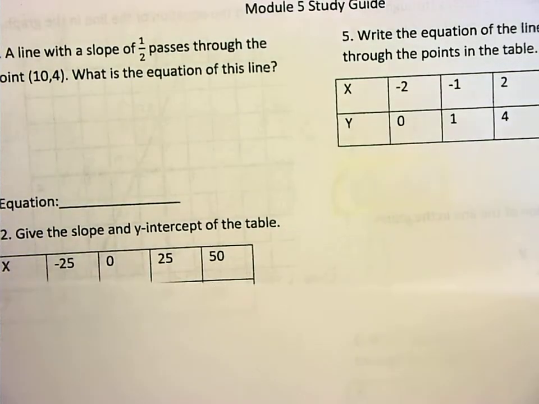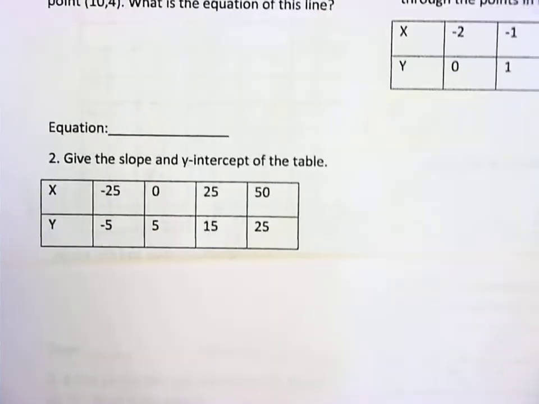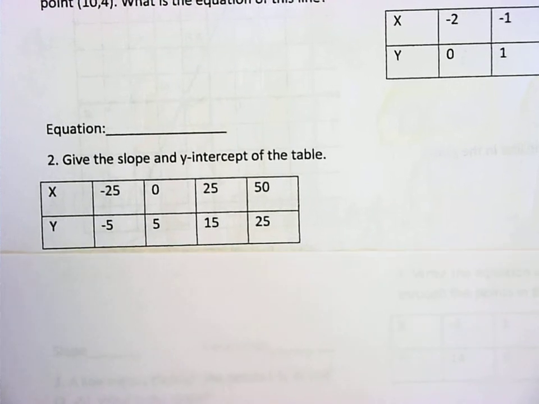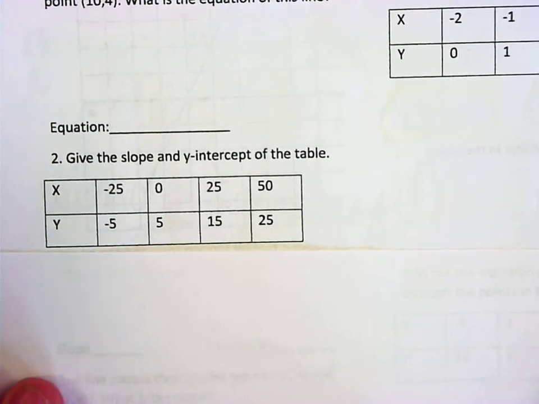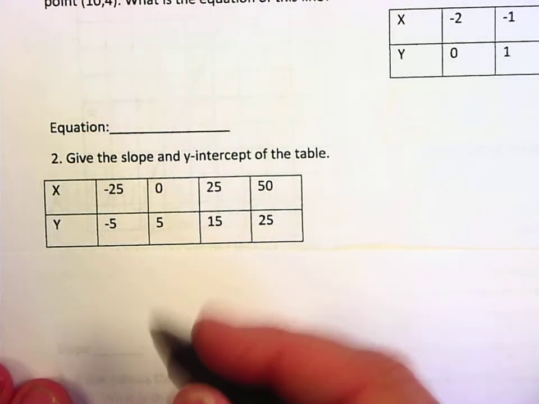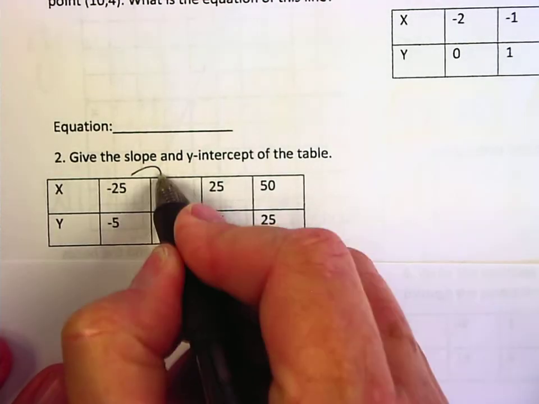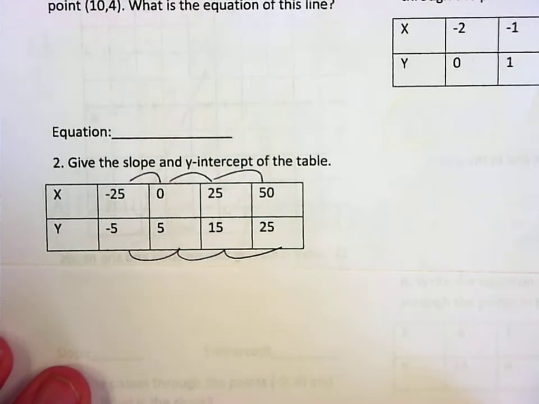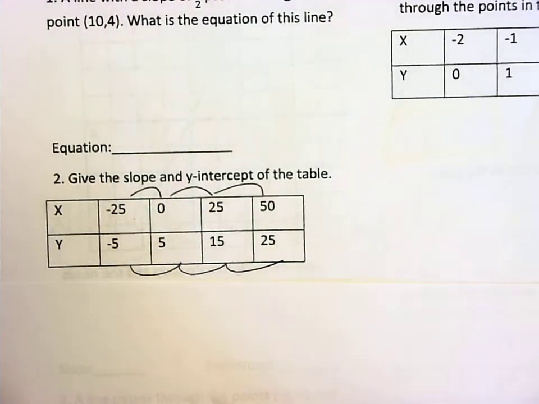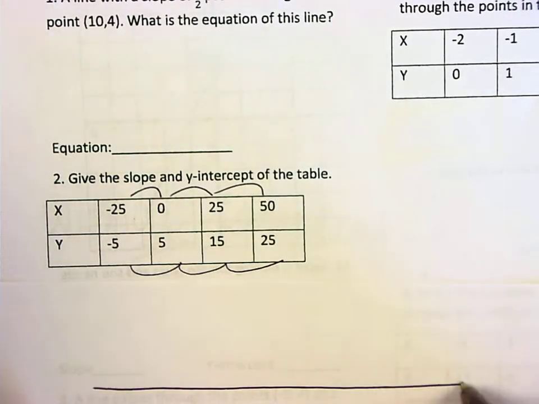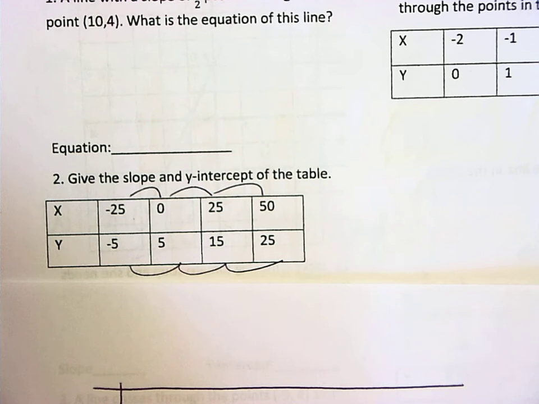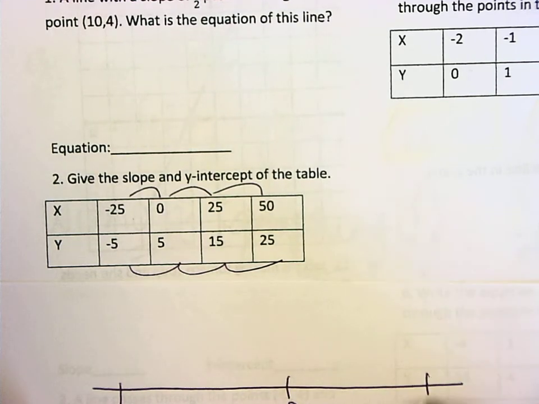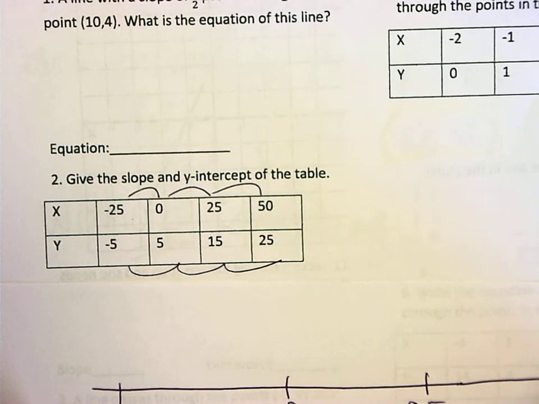Okay, number 2, give the slope and y-intercept of the table. Okay, well, slope, I can do this. So if I do the change, okay, this is going to go from -25, here's 0, here's 25, and here's 50 on a number line.